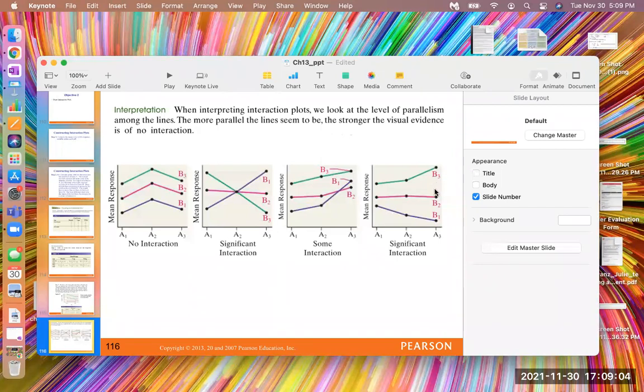So if the response variable is weight gain, at a low level of B, A is working and causing you to lose weight. But at a high level of B, A is not working, it's causing you to gain weight.